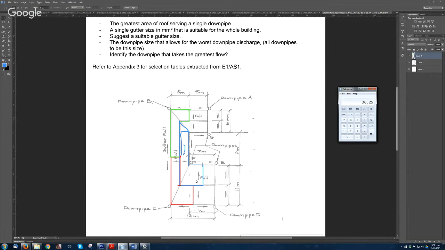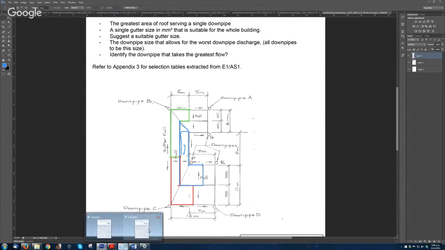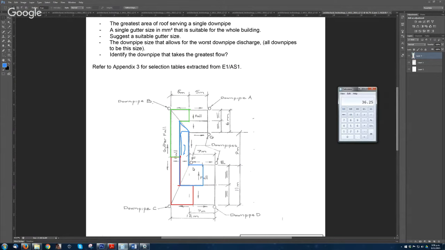Then you need to calculate this one here. It's going to be half of the 7, which is 3.5, times 5.5. 3.5 times 5.5 is 19.25.